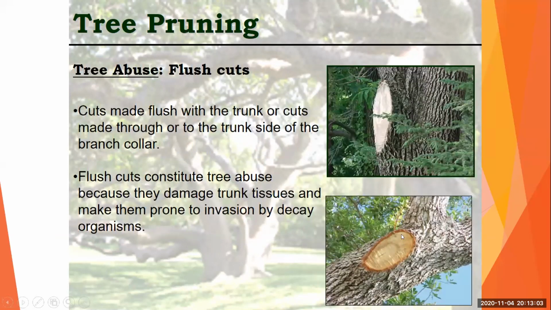Okay, flush cuts. Remember I told you about the branch collar and about branch reach. When you don't respect that area and you make the cut flush, it's going to be a problem, because I forgot to tell you, when you have the branch collar, you have some type of enzymes inside that help the tree against fungi or any type of problem that the tree is going to have.